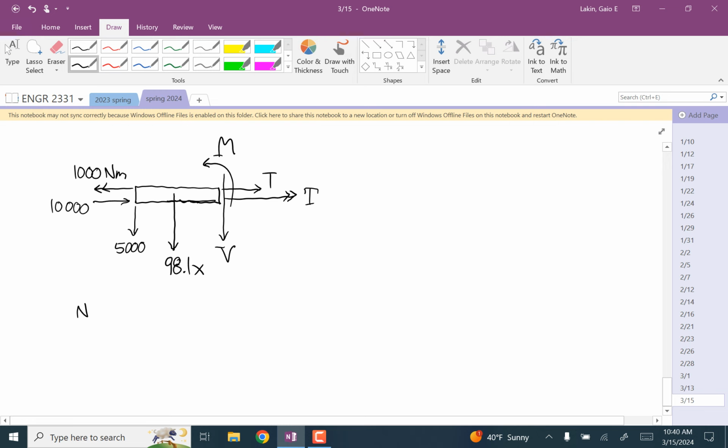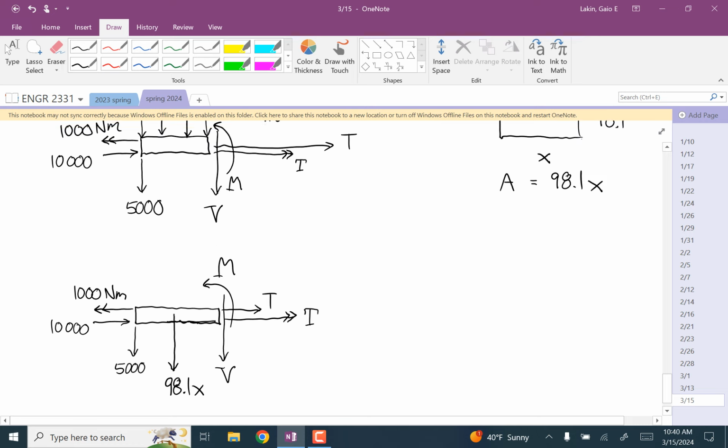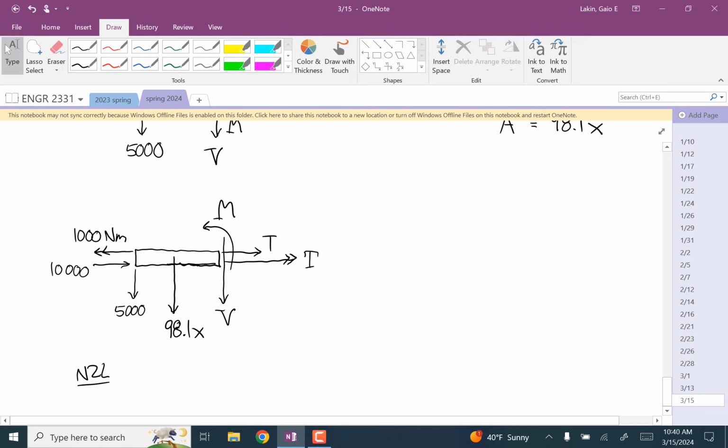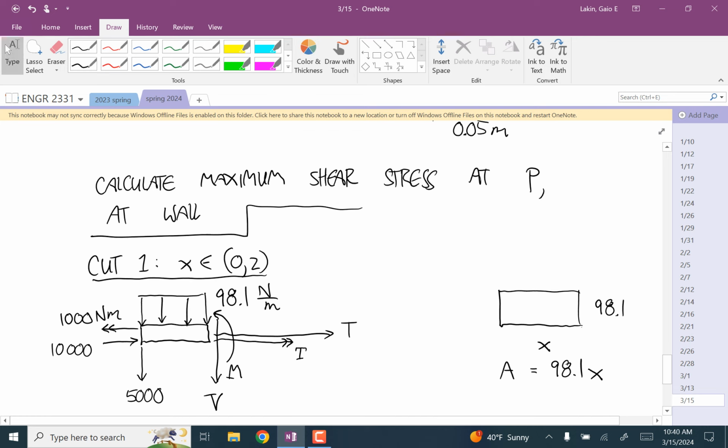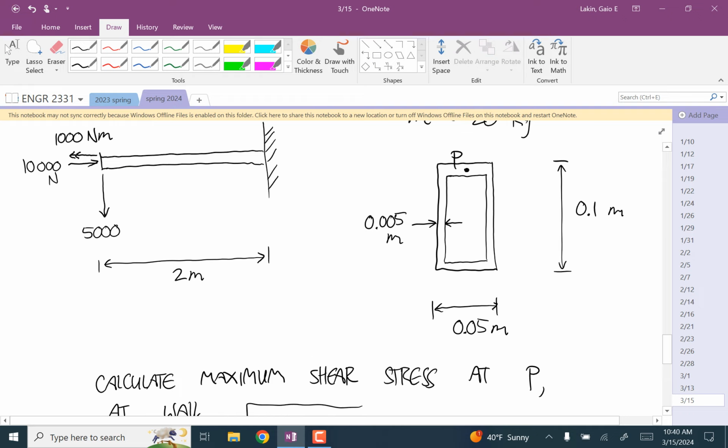Newton's second law. Well, actually, I'm just going to calculate it. I've drawn all these pictures. Let's just calculate it.